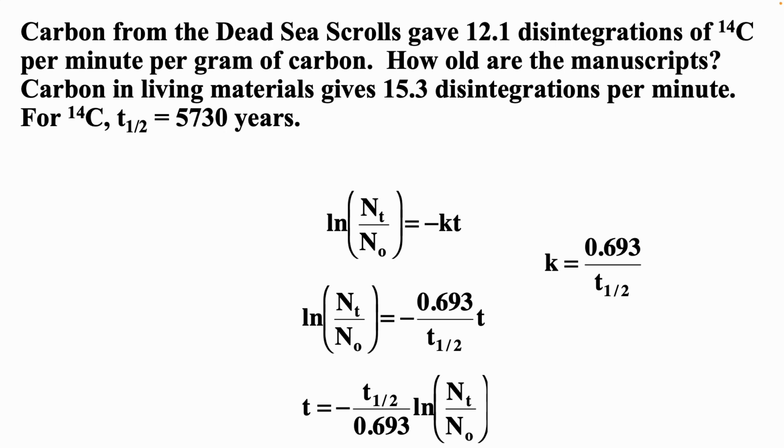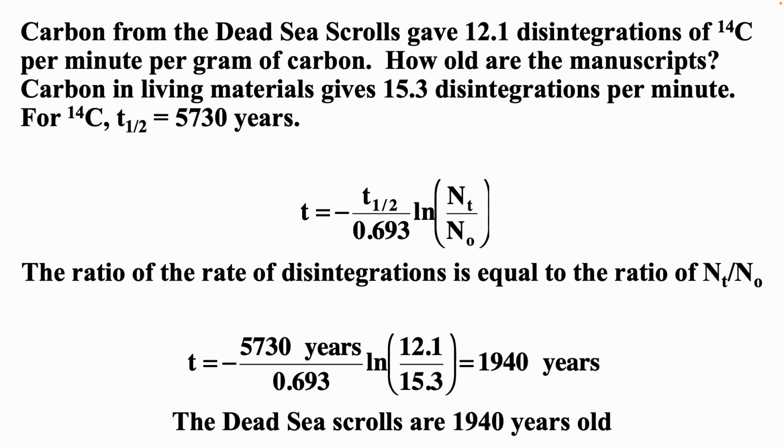Now, we can remember that k is equal to 0.693 divided by the half-life, plug that in for our k. And if we divide both sides by this, we get time is equal to minus half-life over 0.693 times the natural log of the concentration at time t over the initial concentration. Now the ratio of disintegrations is equal to N t over N naught.